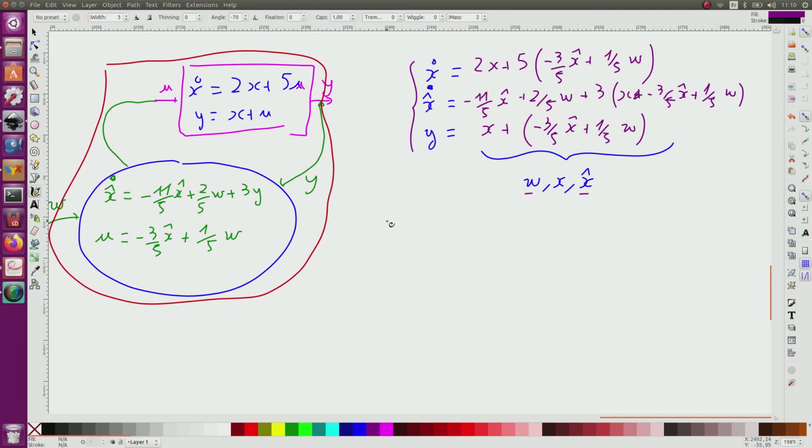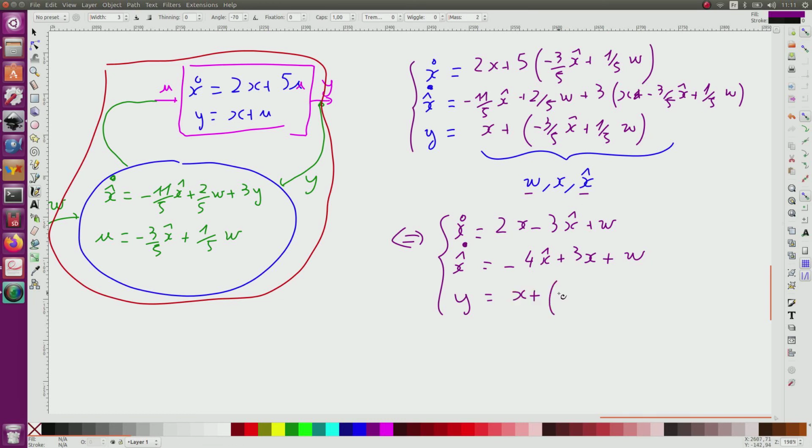Okay, so it corresponds to the state equation. I can rewrite as follows. x dot equals 2x minus 3 x hat plus w. x hat dot equals minus 4 x hat plus 3x plus w, and y is equal to this expression, so I will write w.